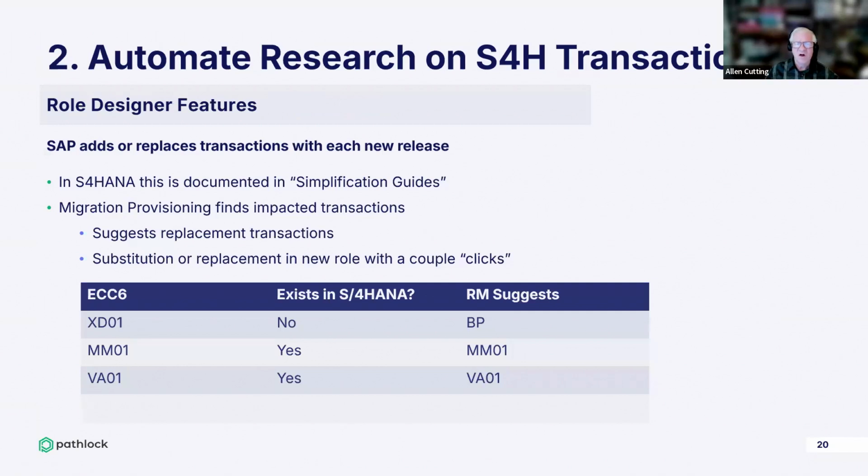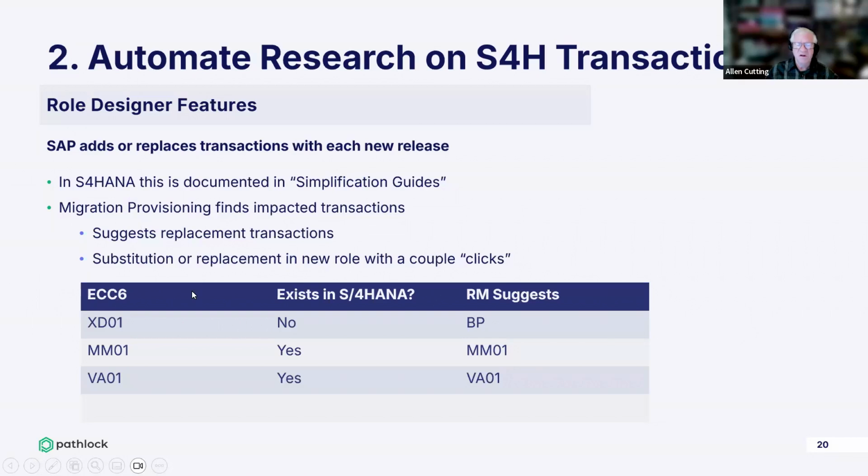Two was automate research on S/4HANA transactions. So as I said, this is documented in simplification guides, which some of us have had to go through by hand in the past. We have a module within the tool that will do this for you.